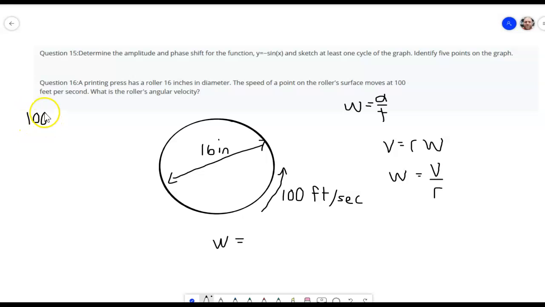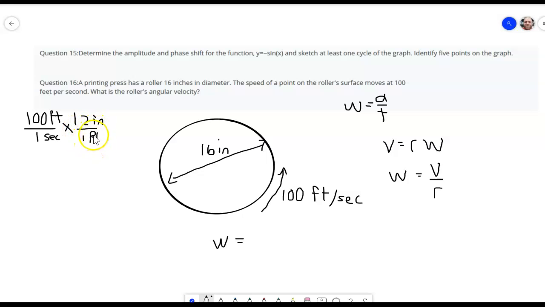So let me do that off to the side here. 100 feet per 1 second times 12 inches over 1 foot.